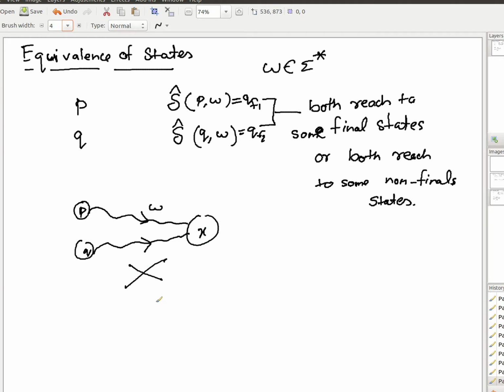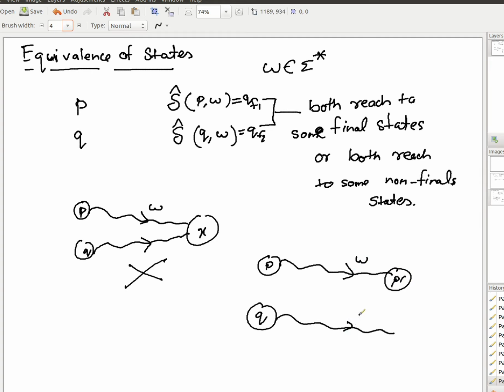The whole picture is, this is my P, this is my Q, and P is going at W to some state P dash, Q is going at W to some Q dash.